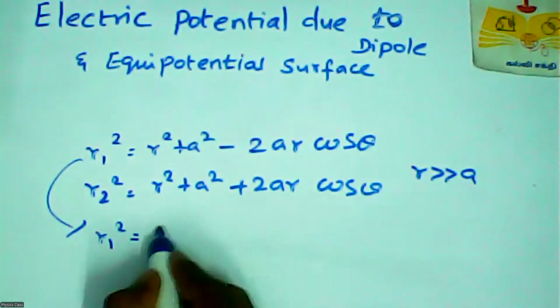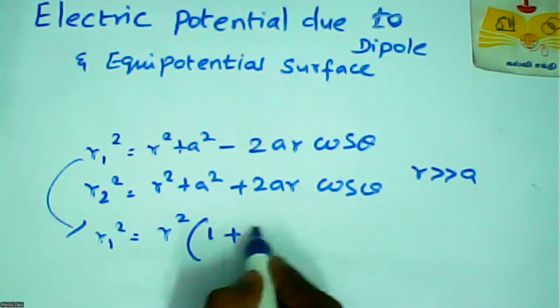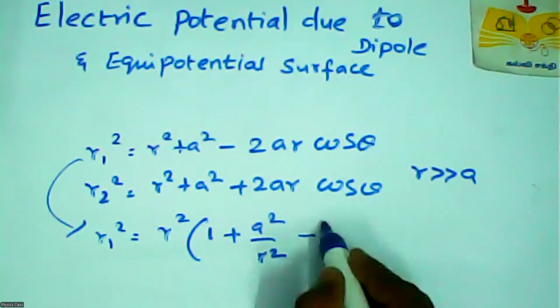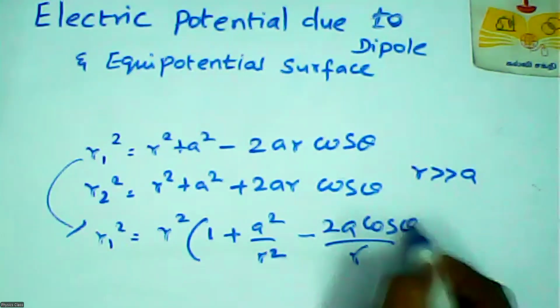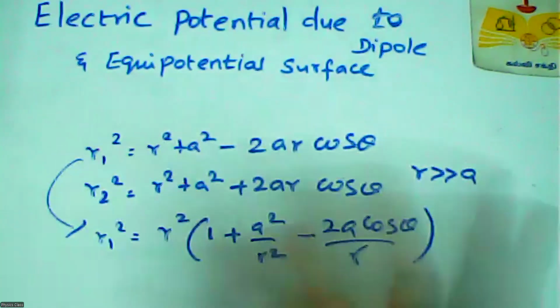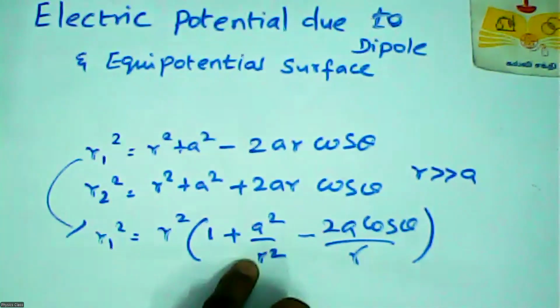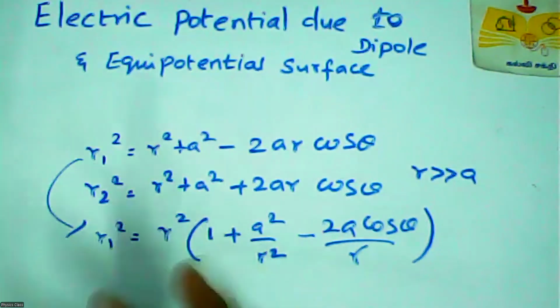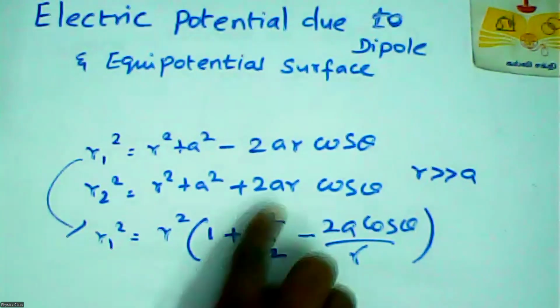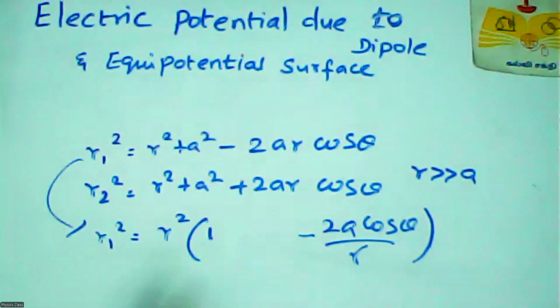So R1 square equals R square times 1 plus A square by R square minus 2A cos theta by R. Since R is much greater than A, we can neglect A square by R square because this is a very small value divided by a very huge value, which is very close to 0. So we get 1 minus 2A cos theta by R.